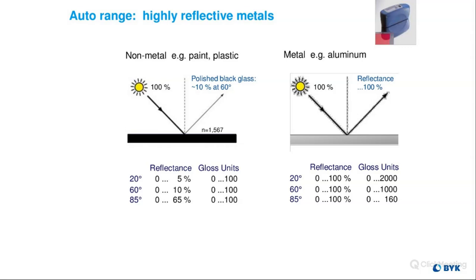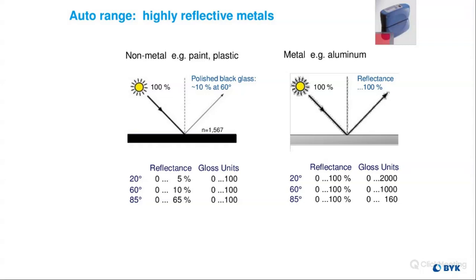Okay, so going back into the refractive index. To separate it completely, you can separate it into two categories. You can think of something like a non-metal, so a paint or a plastic, and then a metal surface like aluminum or brushed metal. All of the non-metal material is based off of that initial refractive index, that initial gloss scale.